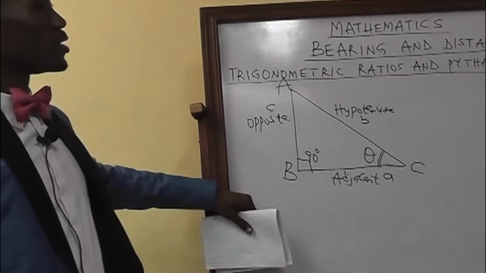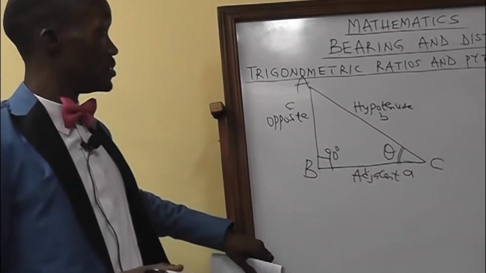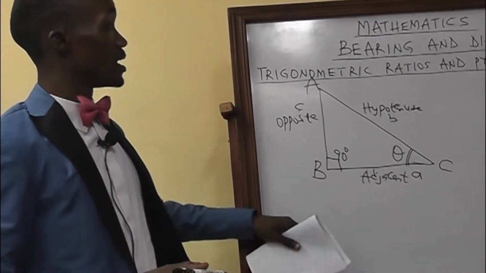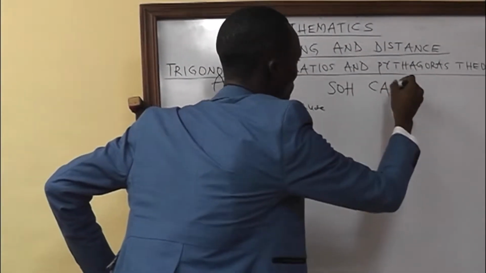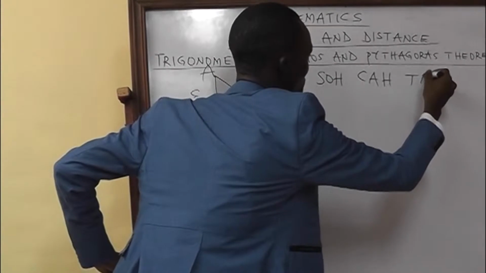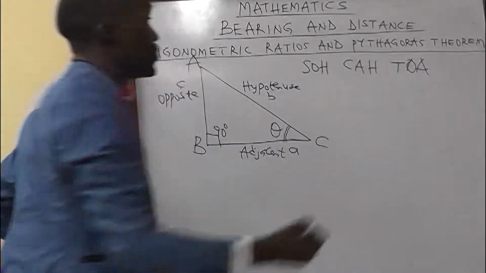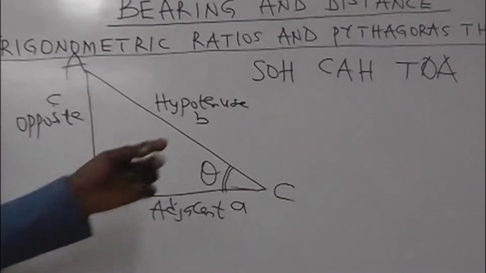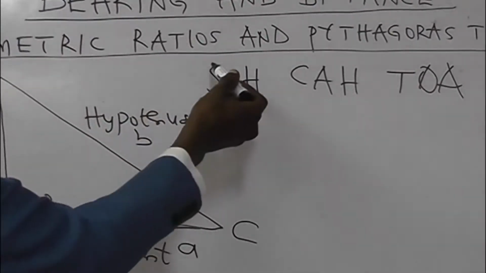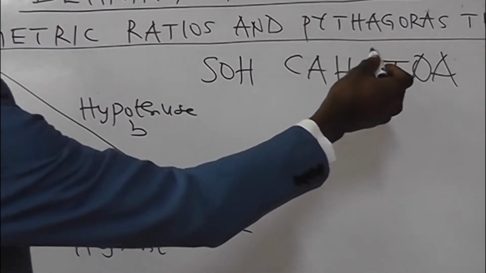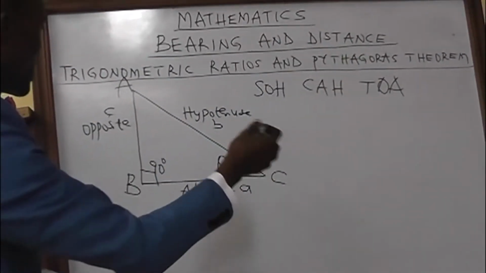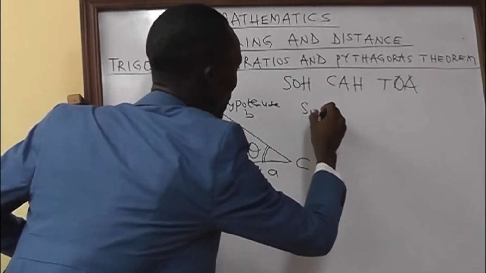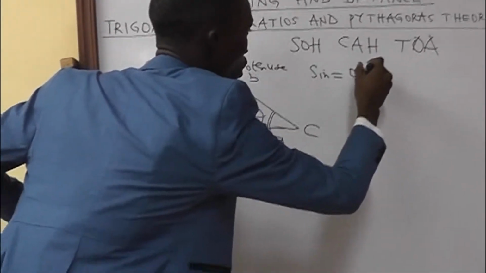And there's something we are used to right from junior secondary classes. That is what we call SOHCAHTOA. And with the help of this SOHCAHTOA, we'll be able to generate the basic trigonometric functions that we have. We have sine, we have cosine, then we have tangent. We have sine from A. Sine is opposite over hypotenuse.